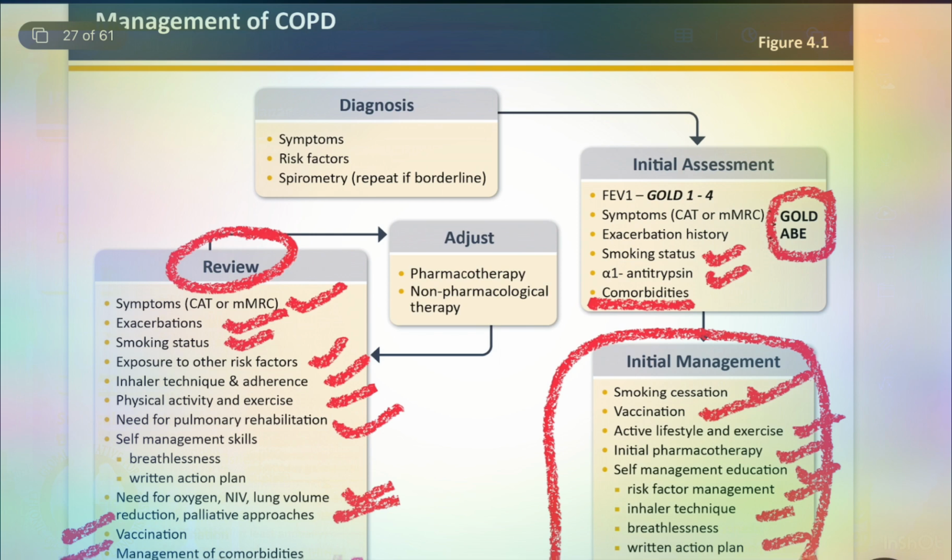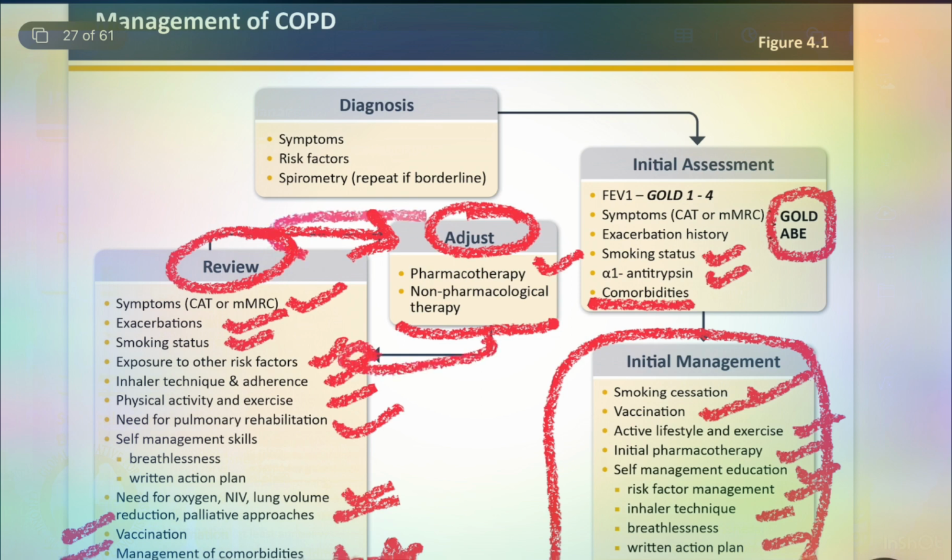At least annually we should do spirometry, very important. After reviewing, we should adjust pharmacotherapy and non-pharmacological therapy. After adjusting, we should again review the patient and follow this loop again and again.